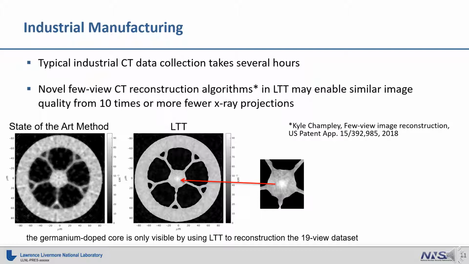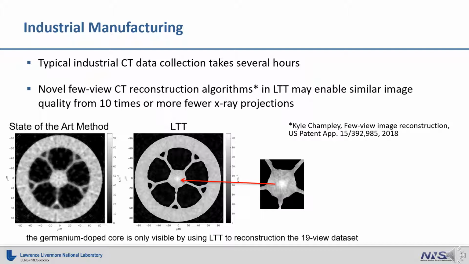And we have novel few-view CT reconstruction algorithms that are covered under an accepted patent application that are in LTT that enable similar image quality, but you can take 10 times or even fewer X-ray projections. Now this does depend on the type of object that you're imaging, but for many industrial applications you really can do this. Now here's a demonstration of the technology.